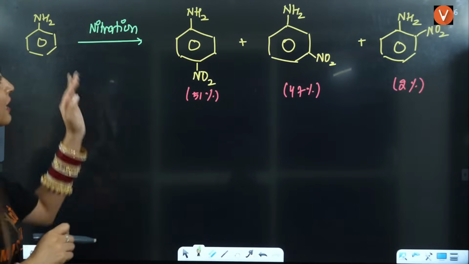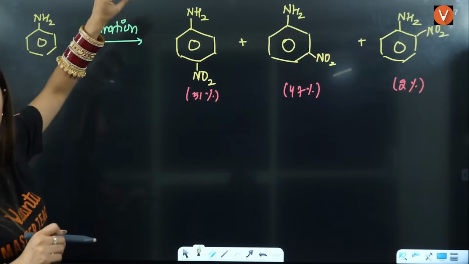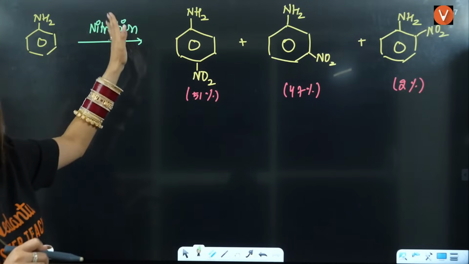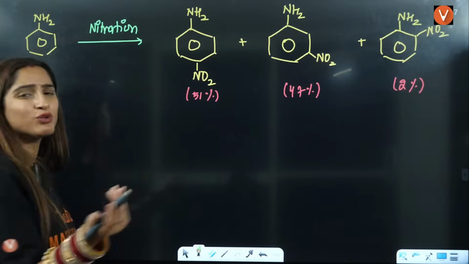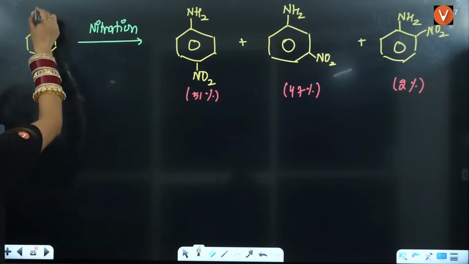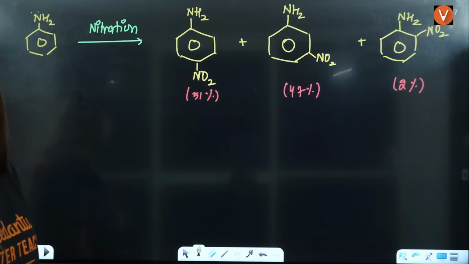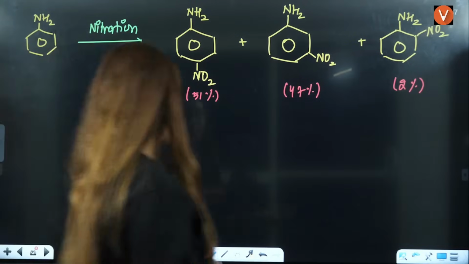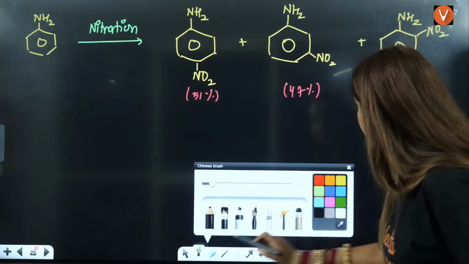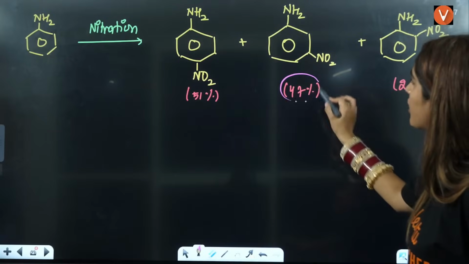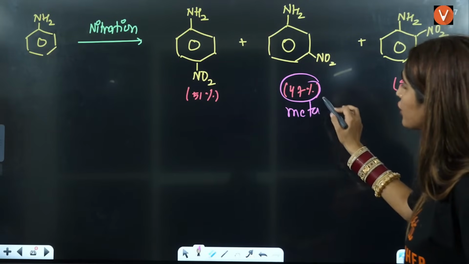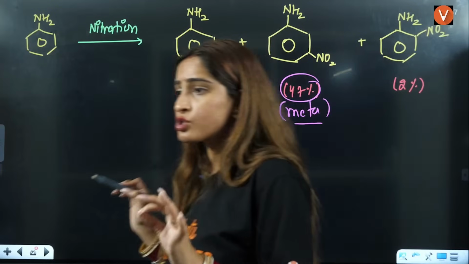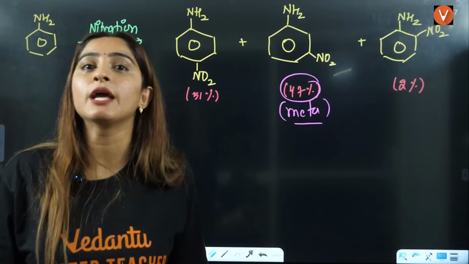One more thing is that whenever you do nitration of anilines, we know that aniline has a lone pair here, so it should be ortho-para directing. But very exceptionally, you get the meta product also, about 47%. So, why are we getting the meta product?